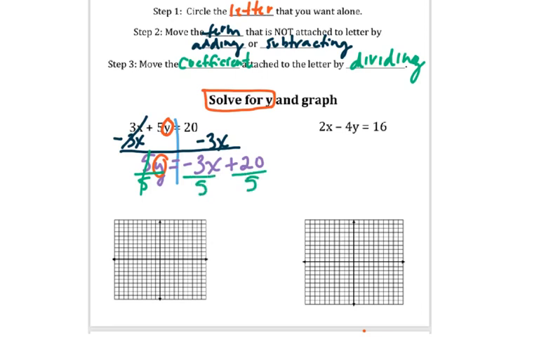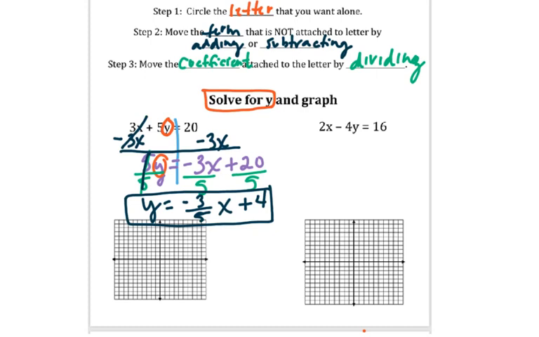So I took every number and I'm dividing it by this 5. That leaves me with y equals, this does not reduce, negative 3 over 5 will stay as it is. 20 divided by 5 is 4. Woohoo! That's the equation of the line in slope-intercept form.